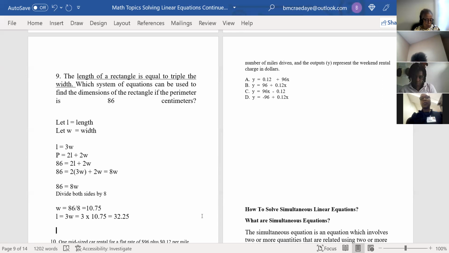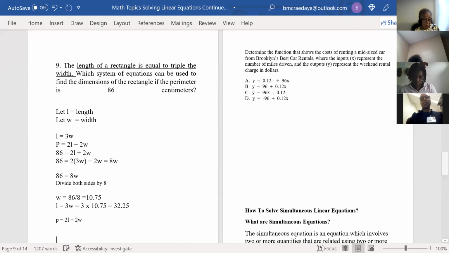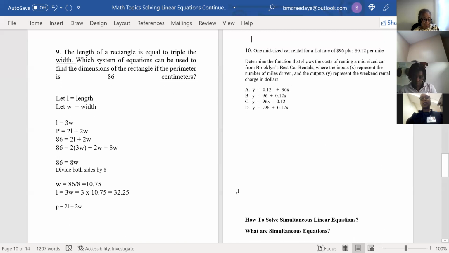And see if you get 86. Multiply 2 times the width, 10.75, and 2 times the length, 32.25, and you should get back 86. In other words, you're doing 2 lengths plus 2 widths. And if we are correct, you should get 86.